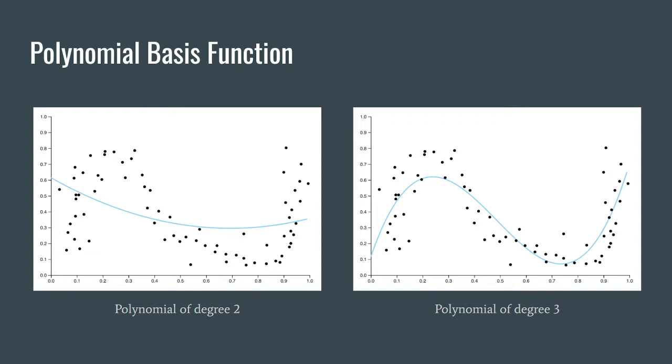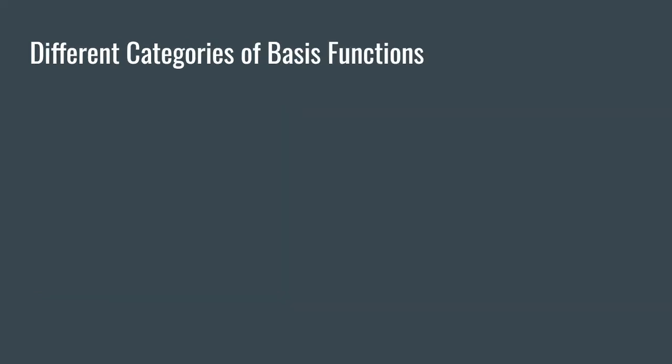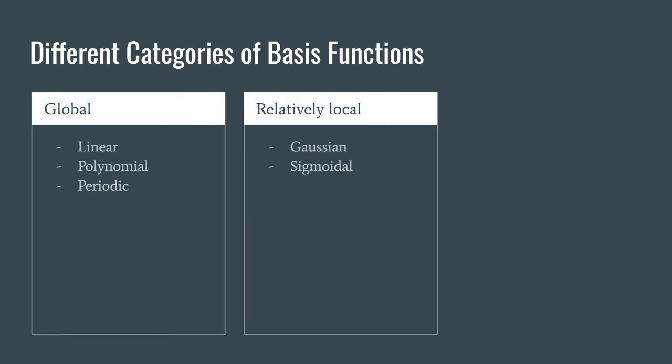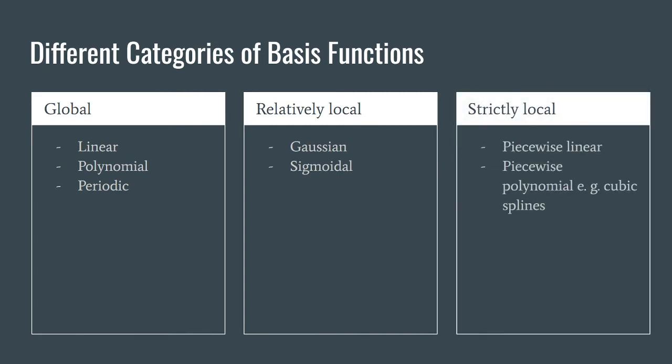So far, so good. Apart from these two commonly used examples, there are several more, mainly contained in three major categories, namely global, relatively local, and strictly local basis functions. Each category comes with its own advantages and disadvantages depending on the properties of the data and our hypotheses. The categories of the basis functions depend on the corresponding range of the functions.